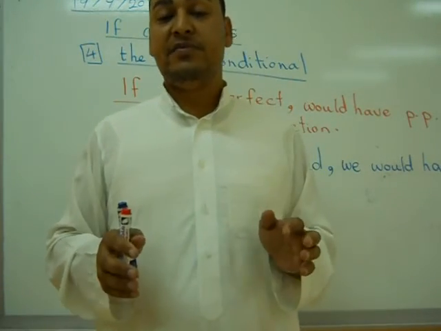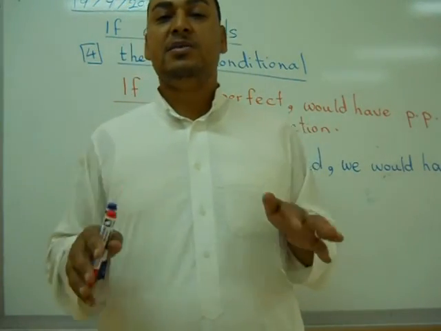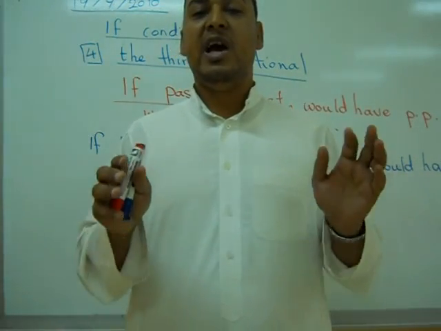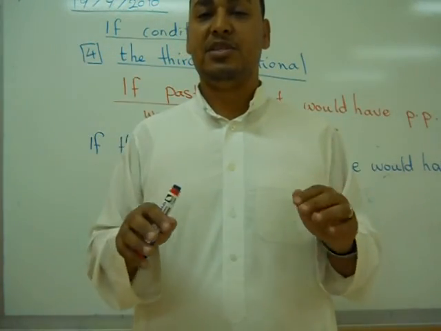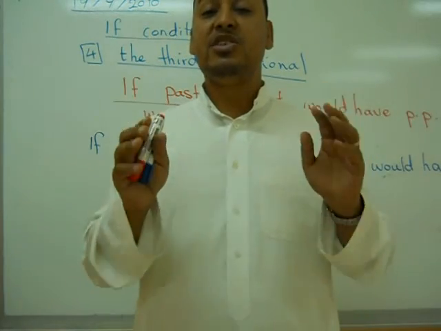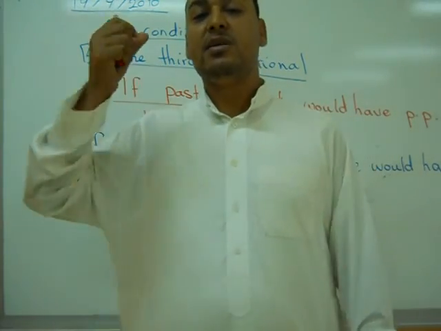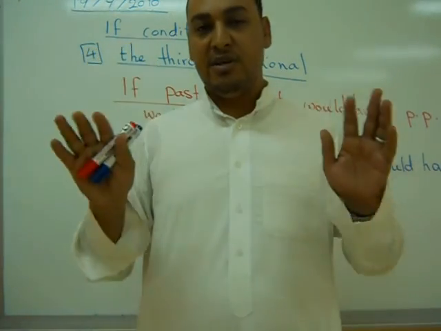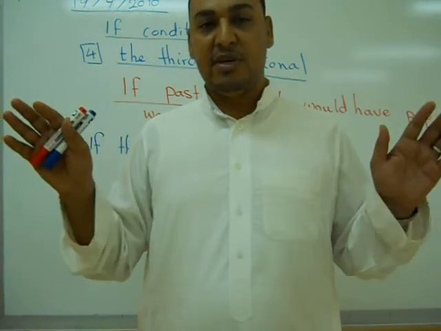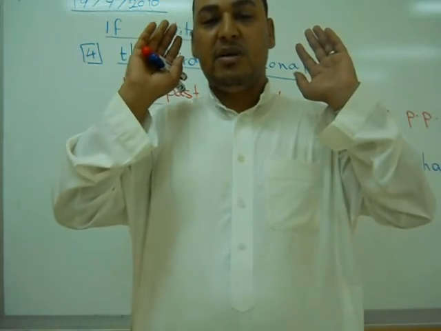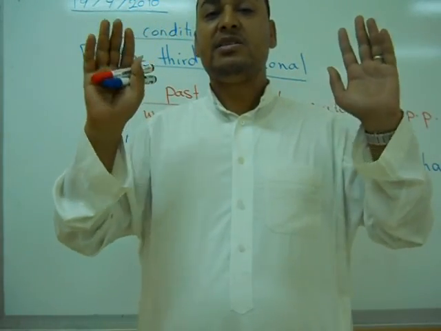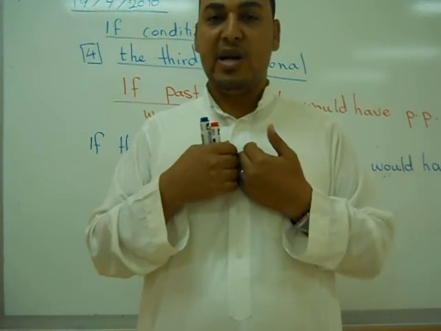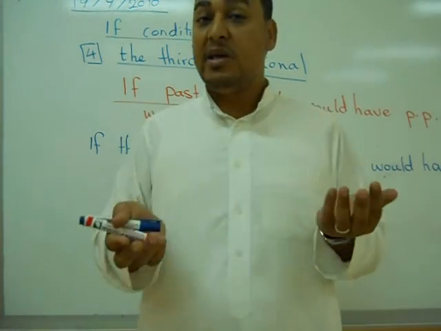The number 4, we use the past perfect with would have and the past participle in order to imagine what would happen in the past. It didn't happen in a way, and it won't happen in a way, but I imagine if the plane had crashed, we would have died now, but we are now in front of you alive.